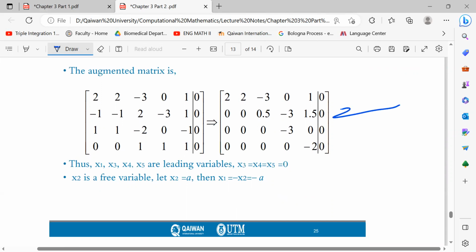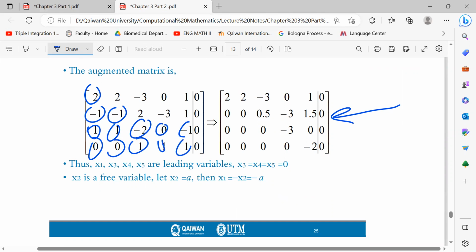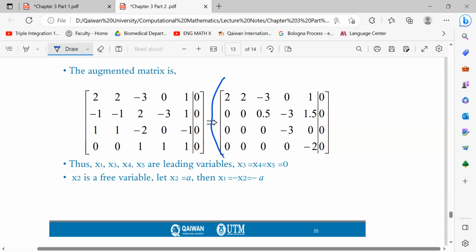From this, we try to change this to 0, and from this, we change this to 0, and so on. We get this matrix.